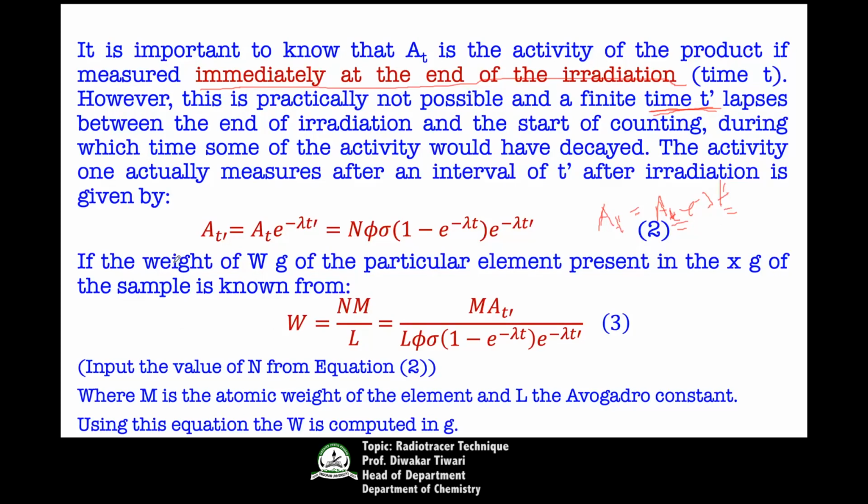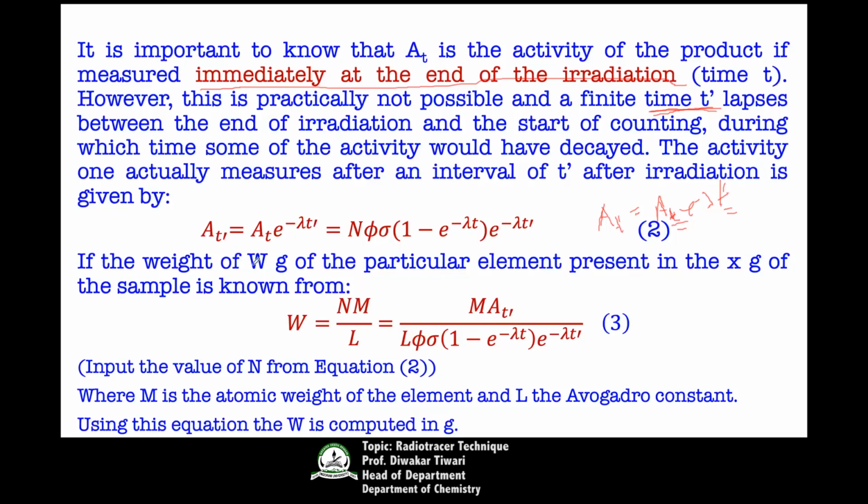So At dash, as I have written here, At dash is equal to At into e to the power minus lambda t dash. I'll put the value of At from the previous equation, that is N phi sigma into 1 minus e to the power minus lambda t into e to the power minus lambda t dash.